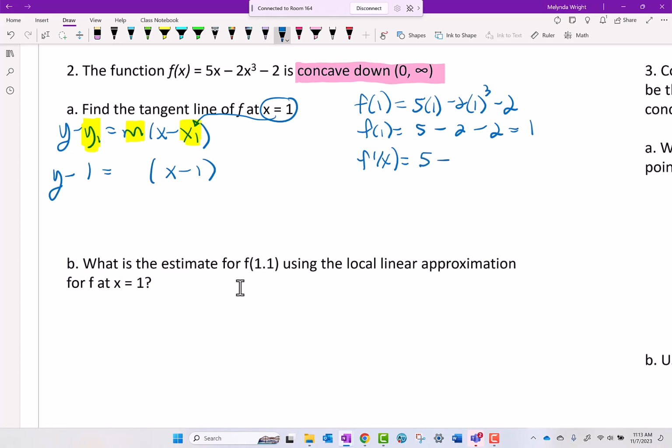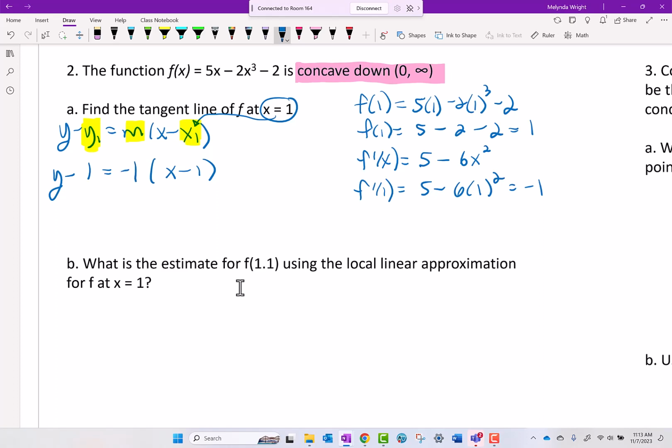The derivative of negative 2x cubed, let's see, what would that be? Negative 6x squared. And the derivative of negative 2 is 0. And we want what value from the derivative? We want the value at x equals 1. So f prime of 1. So 5 minus 6 times 1 squared. Let's see, what does that give me? Negative 1. So that's my slope.